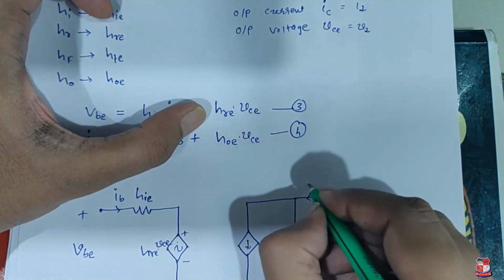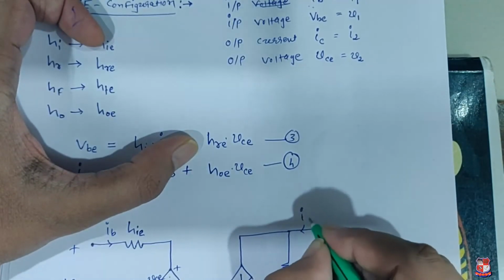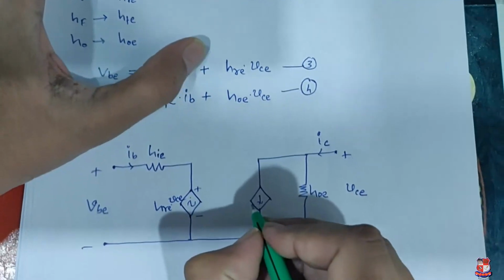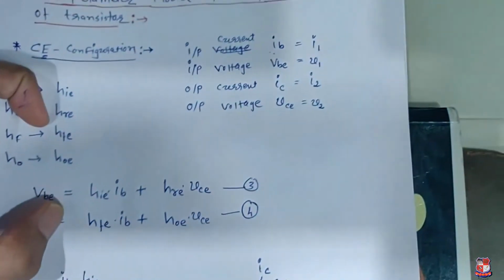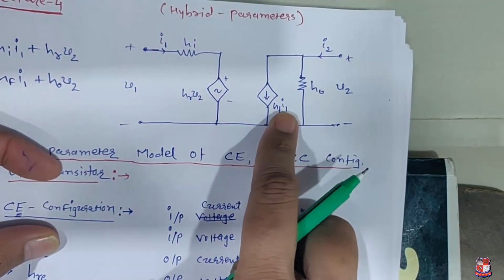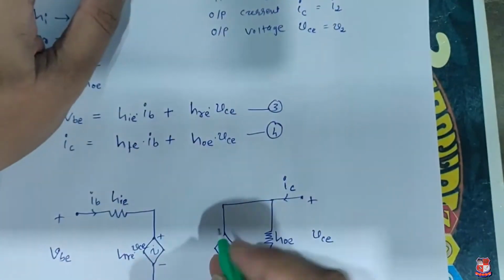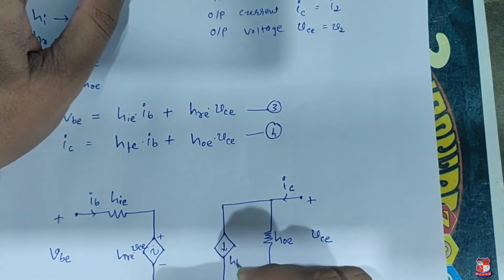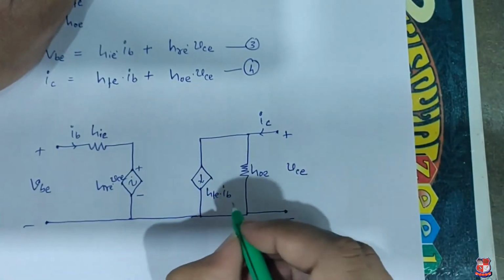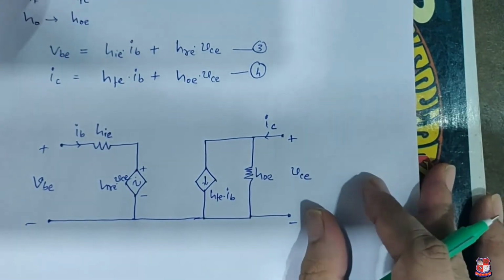Now here it is I2, so I2 is replaced by IC. And this is a dependent current source. So dependent current source in this circuit we can see HF into I1. So HFE, I1 means IB.